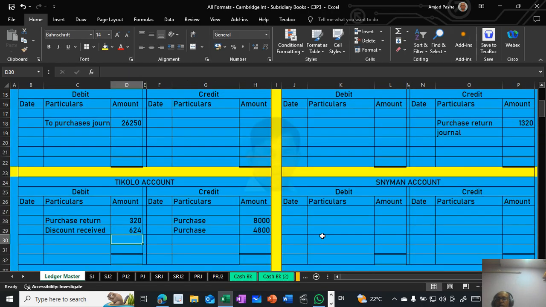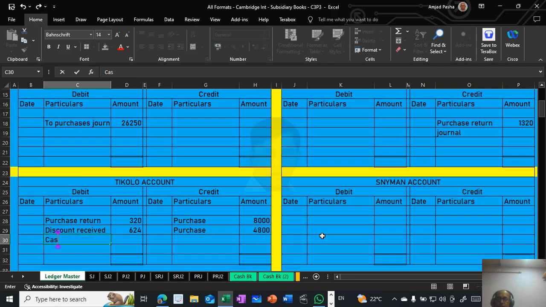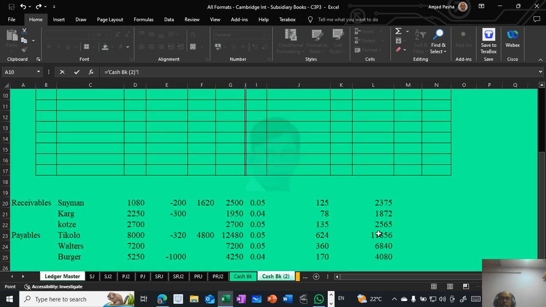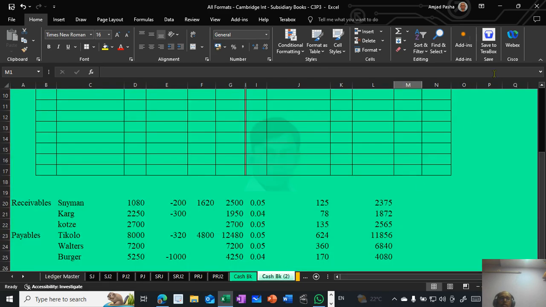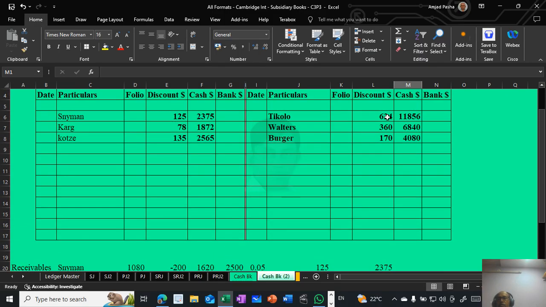So the amount we have paid is cash. How much we have paid? So you can see the cash book. 11856. So we have to see here and then you have to record. So 11856. Now let us just check.